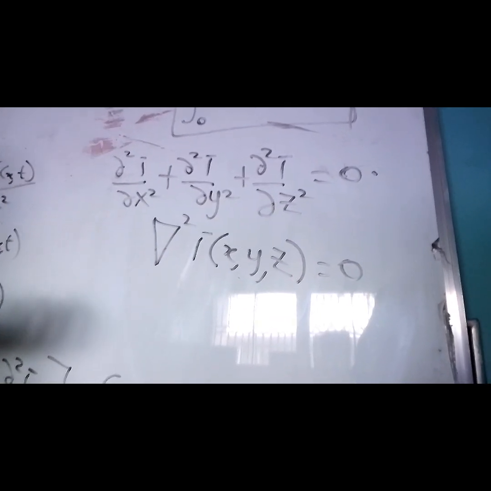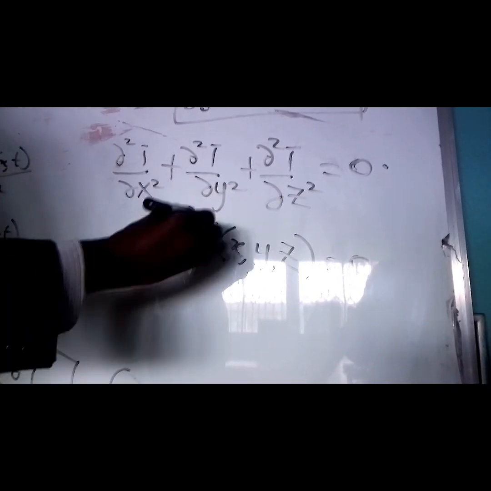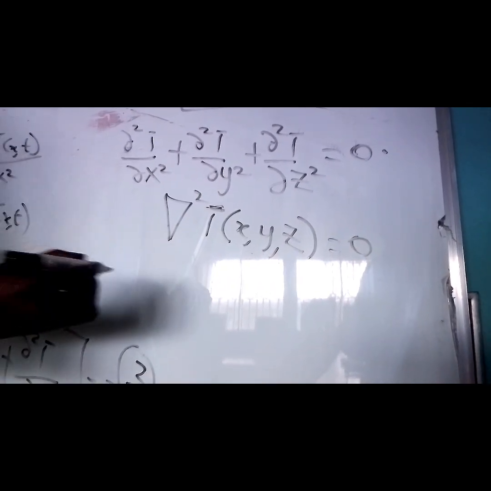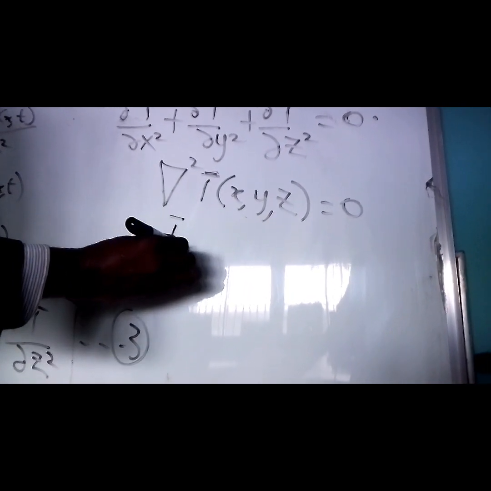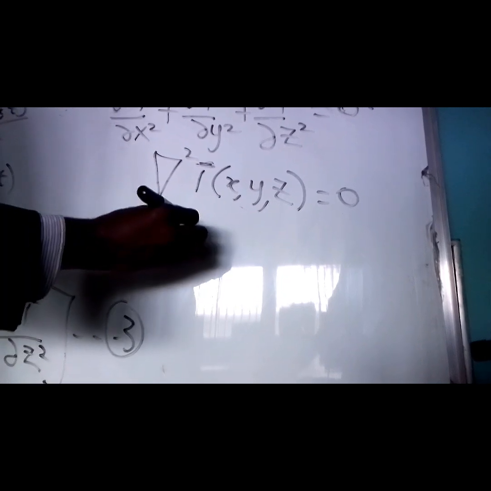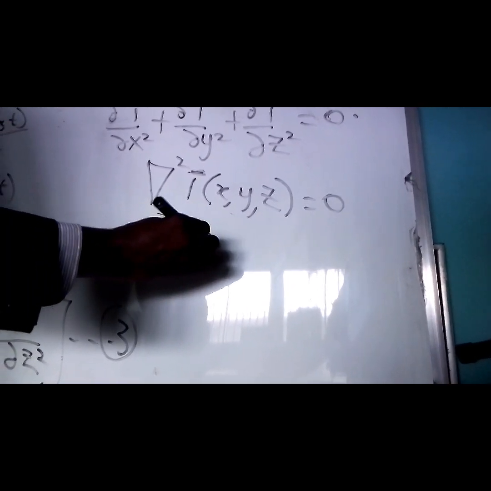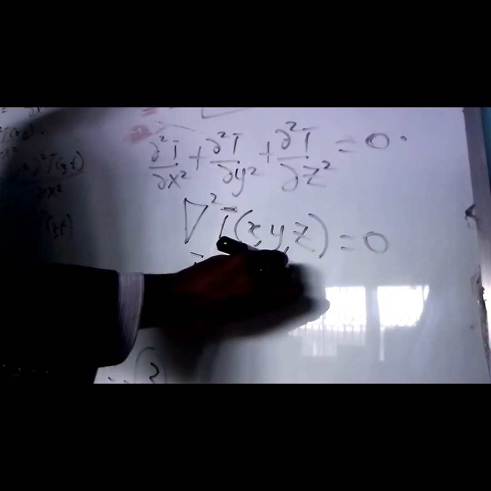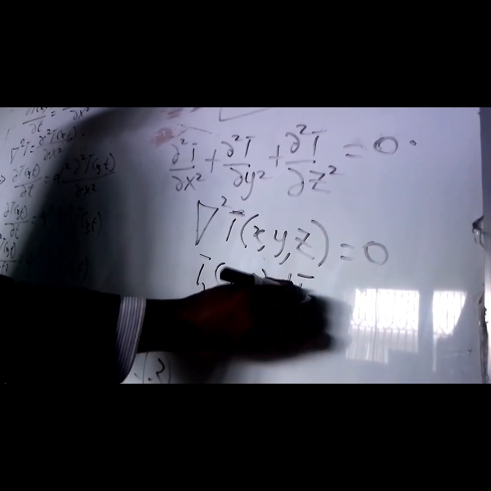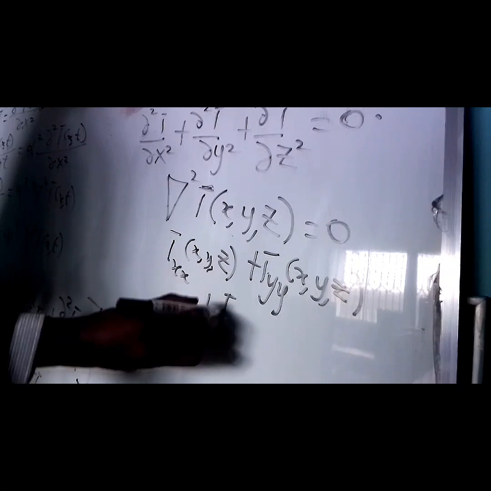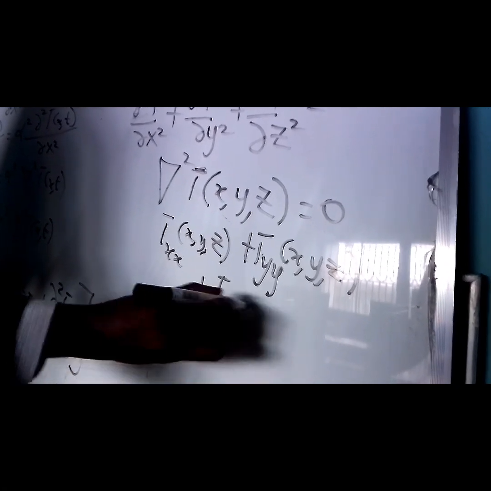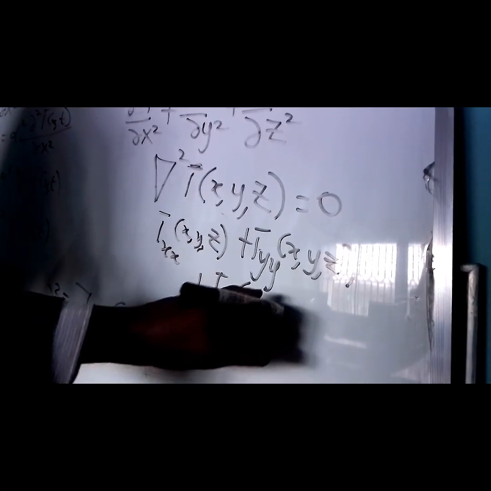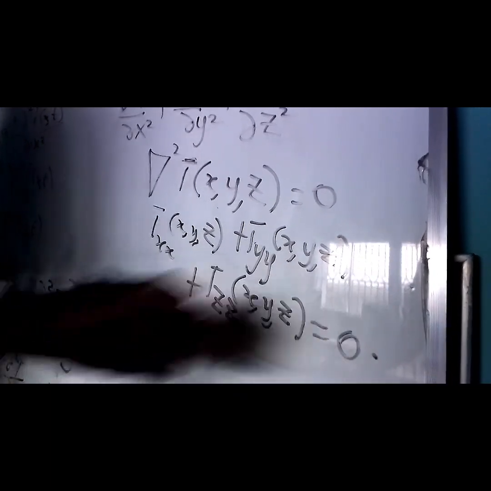Also, in some books, it implies t subscript xx of x, y, z plus t subscript yy of x, y, z plus finally t subscript zz of x, y, z equal to 0.